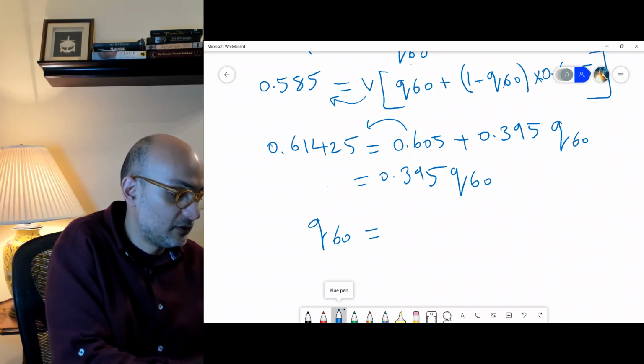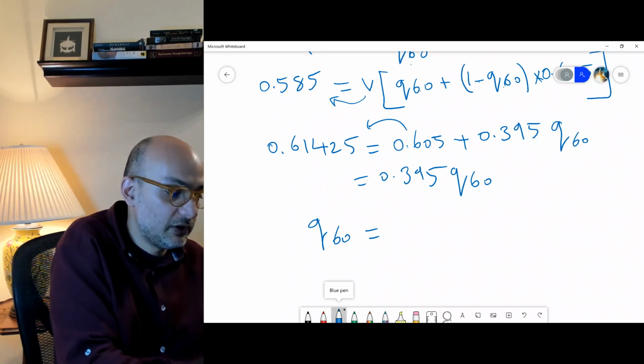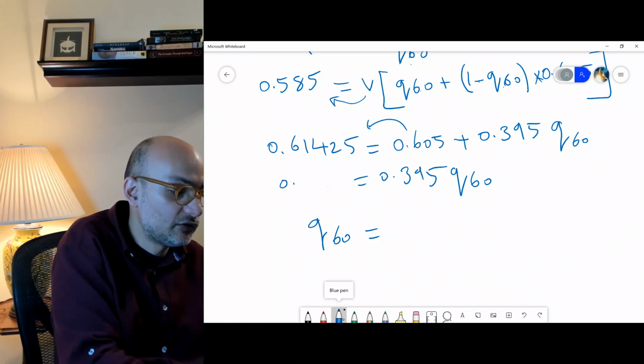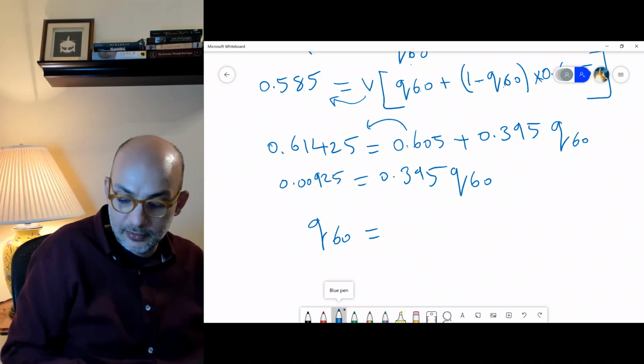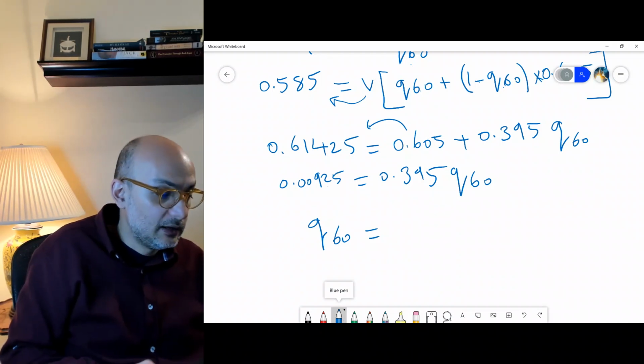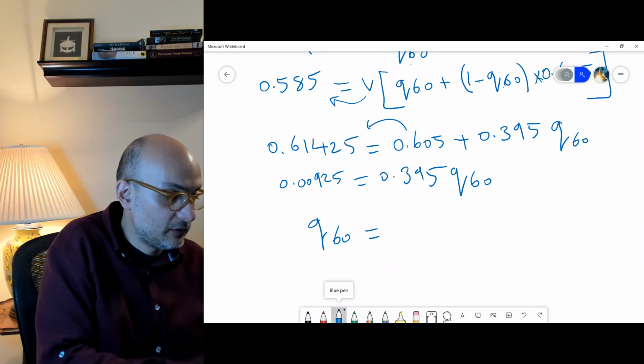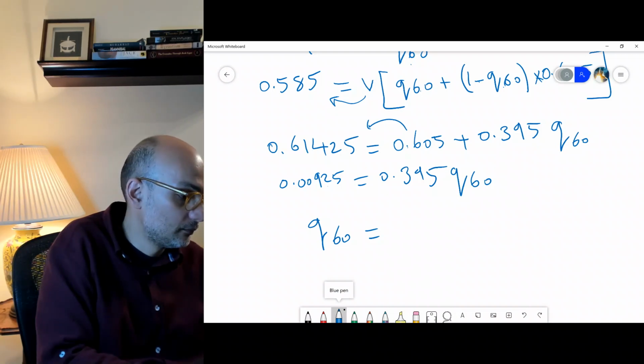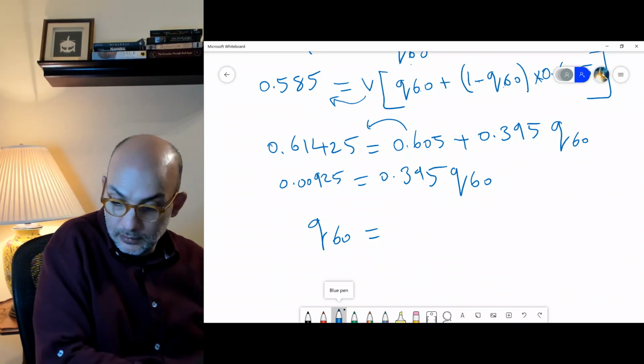Minus 0.605, right? It's very important for you to verify your answer by making sure that the probability cannot exceed 1. If in the exam you make this mistake, right away you figure it out. The probability cannot exceed 1. Now this one divided by, and now it makes sense.